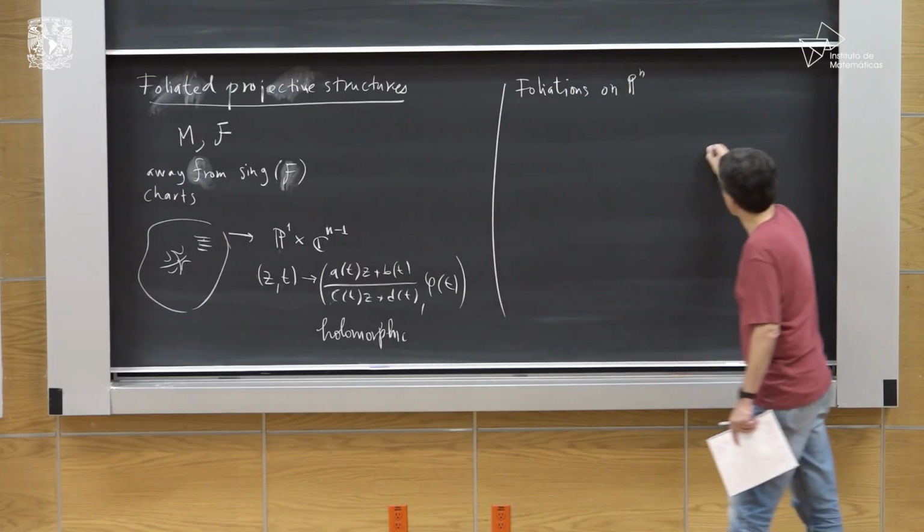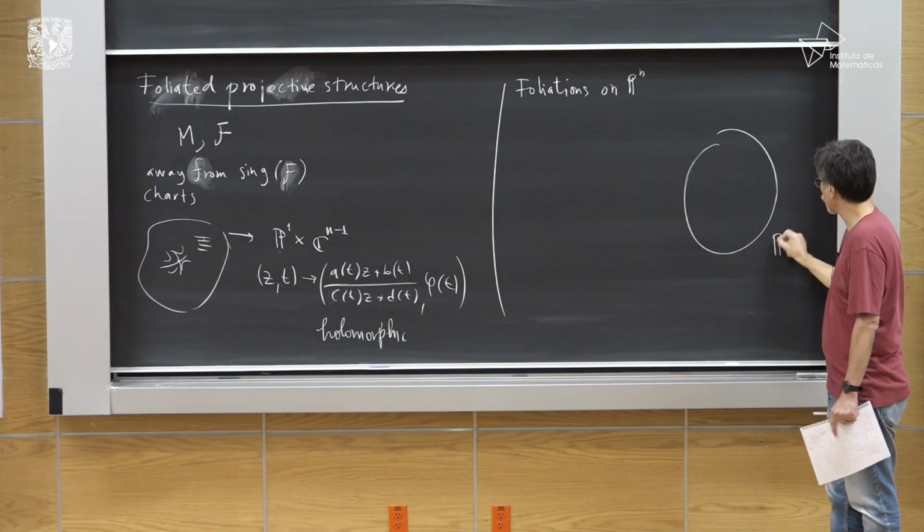Projective space. So you have your projective space, again, a foliation by curves.